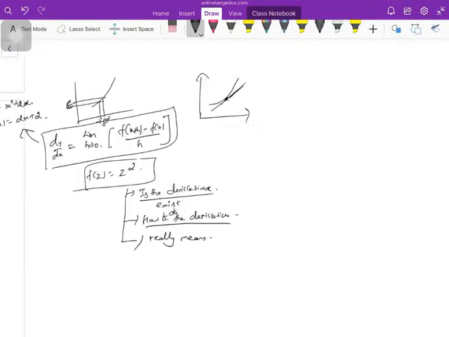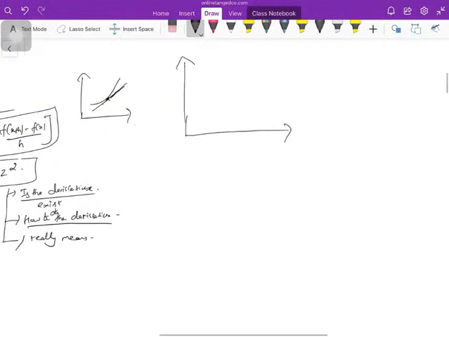Now for a real function, let me tell you about singularity. Say I have the function (x² − 1)/(x − 1). I want you to plot this function. It is essentially x + 1, so the function will look something like this.